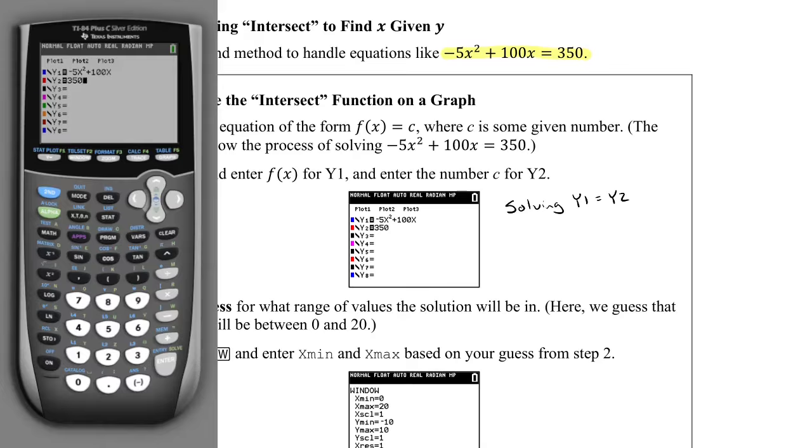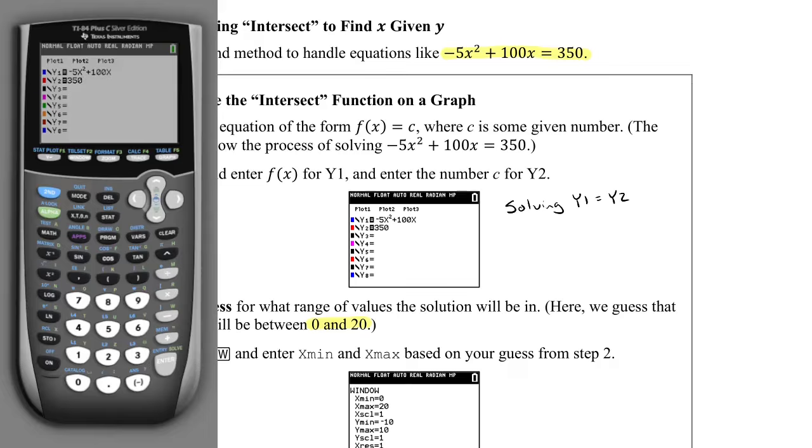And so we're going to set the x values to a range that we think is going to include both solutions if there are two solutions. So here's how we're going to do that. We're going to guess, for the sake of this example, that our solutions are between 0 and 20.